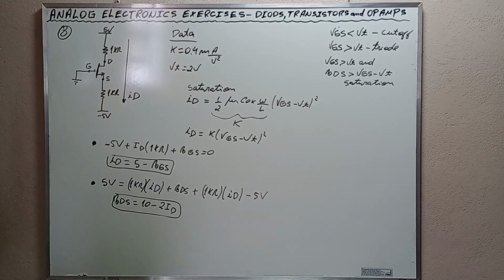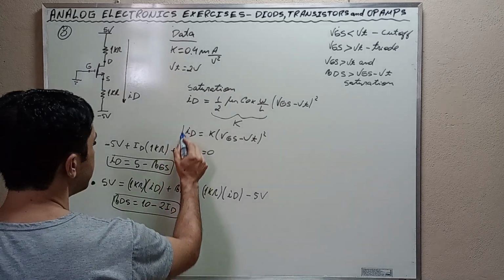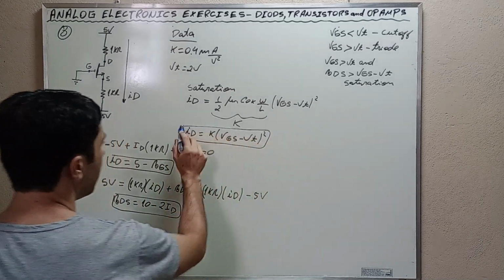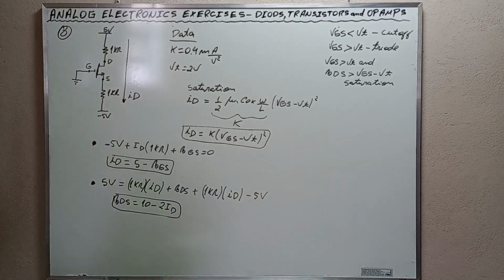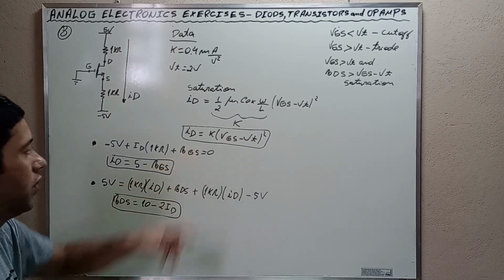Alright, we have these 3 expressions here. We are going to use them to calculate what the exercise wants us to calculate. We can equate them. We can equate this to this.